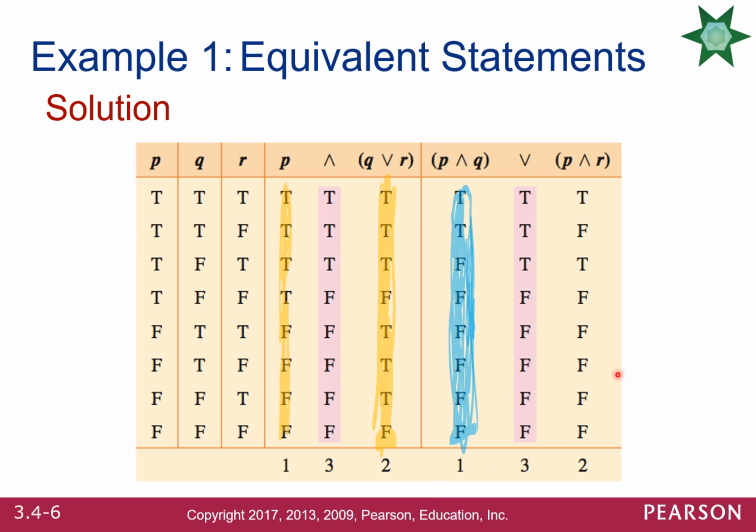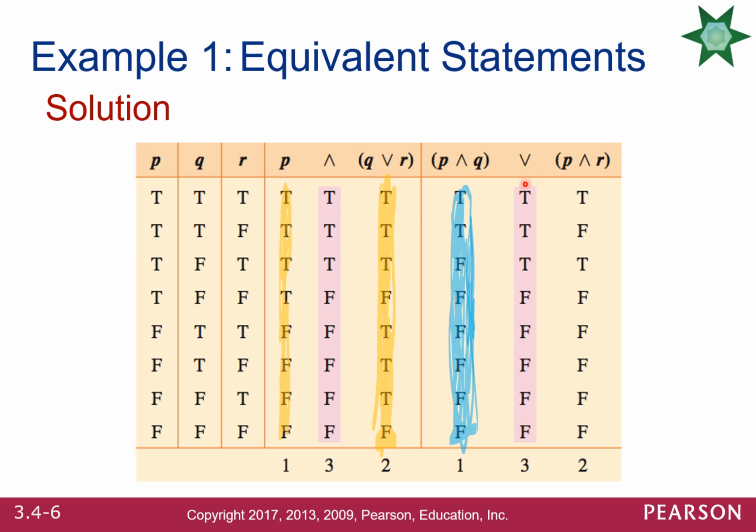And then we perform the OR operation. True, true is a true; true, false is true; false, true is a true; false, false is a false; false or false is also a false; false, false is again a false.